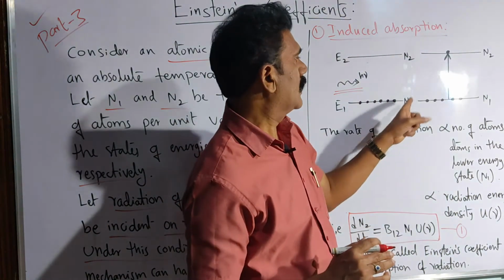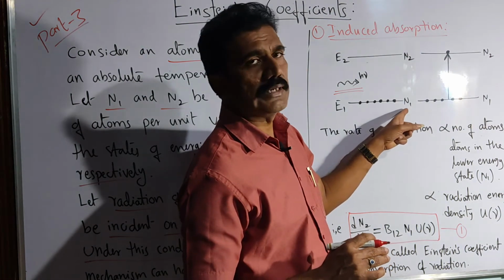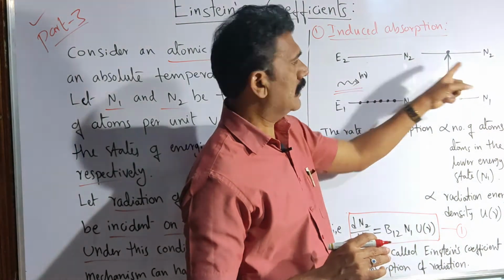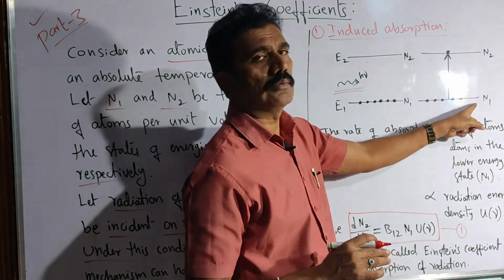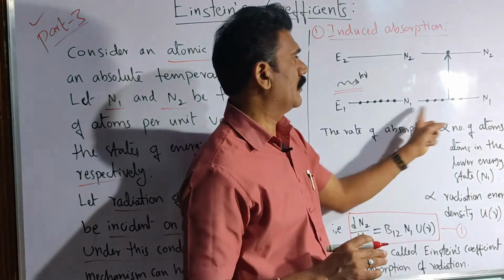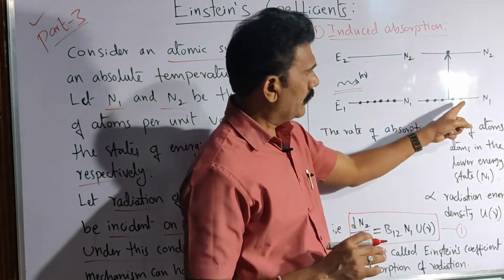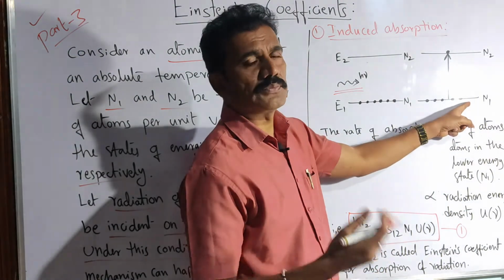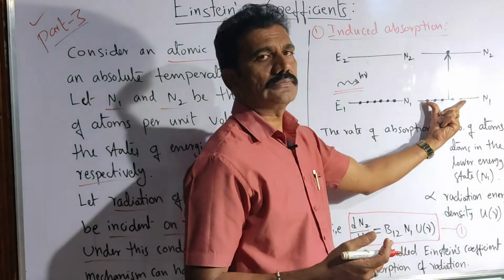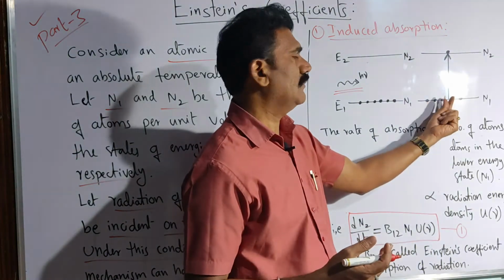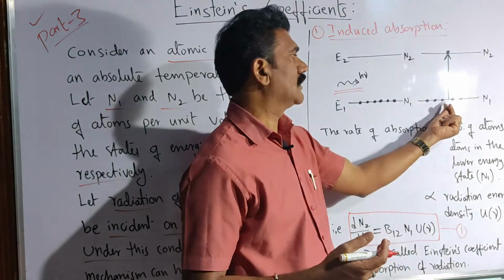Here N1 is greater and N2 is small. N2 is smaller than N1, but they are not equal. If you compare N1 after absorption, it will be decreased because of the loss of atoms from the ground state to the excited state.